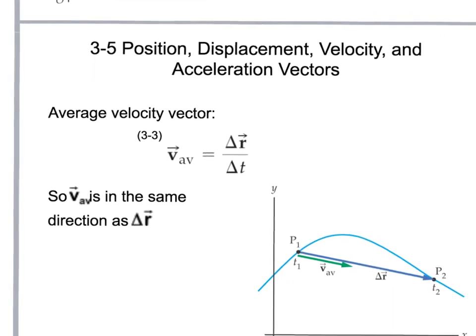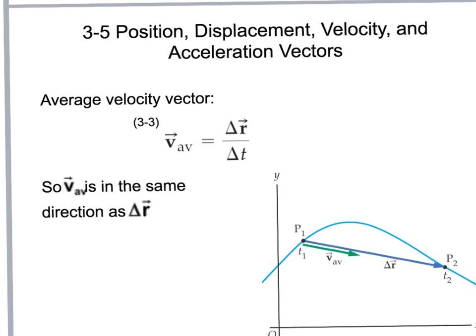And then when we look at velocity, which is a vector, our average velocity is another vector, our displacement vector over time. We see that v average and our displacement are pointing in the same direction. They're always going to be in the same direction.